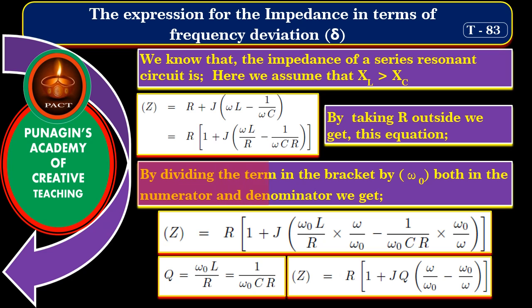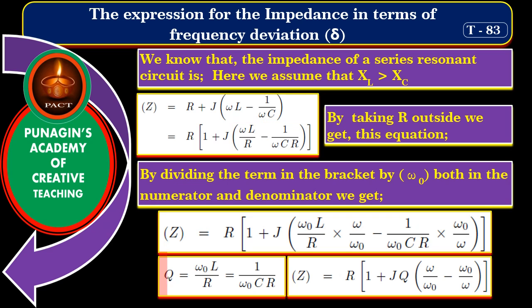By dividing the term in the bracket by omega naught both in the numerator and denominator, and by rearranging, we get Z is equal to R into square bracket 1 plus j into bracket omega naught L by R into omega by omega naught minus 1 divided by omega naught CR into omega naught by omega.